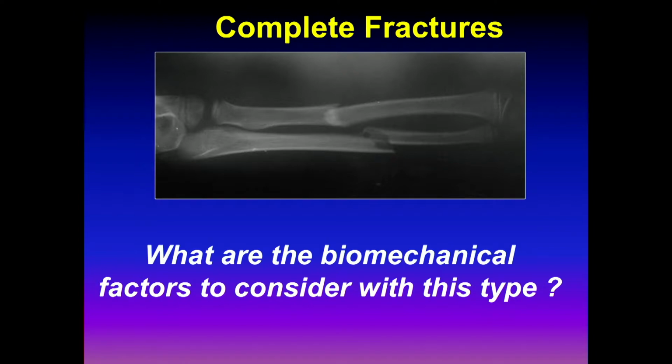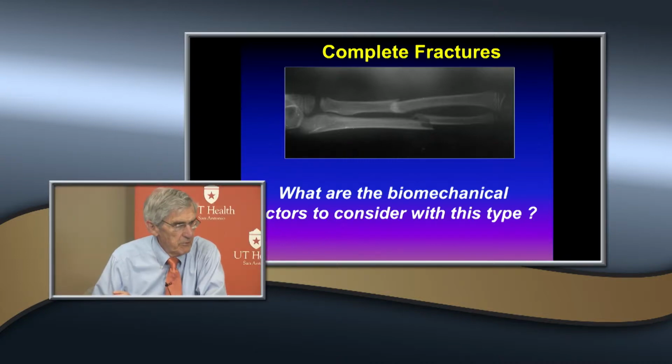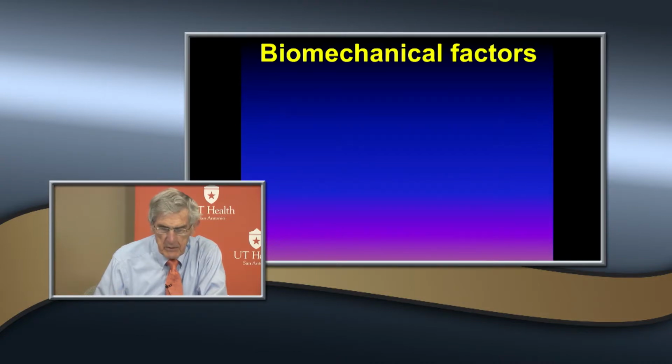Now, what about the biomechanical characteristics of a complete fracture? What do you have to deal with here? Loss of length. That's right, shortening. It's length unstable. The others are length stable, plastic deformation and green stick fracture, so you don't have to reestablish length.